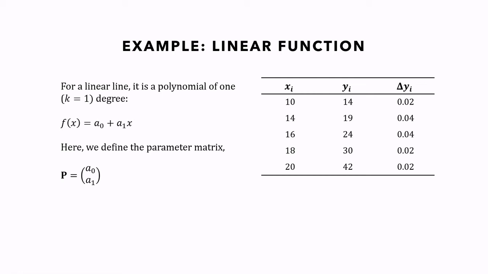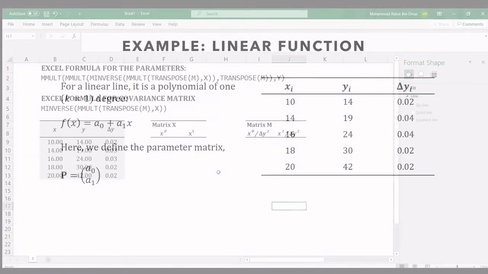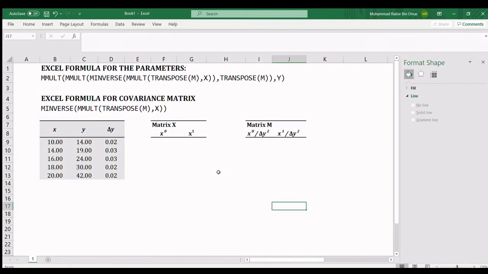Also, A0 is the y-intercept and A1 is the gradient of the straight line. So now, suppose that the measurement data is already inserted into the Excel sheet, and our focus now is to build matrix X.